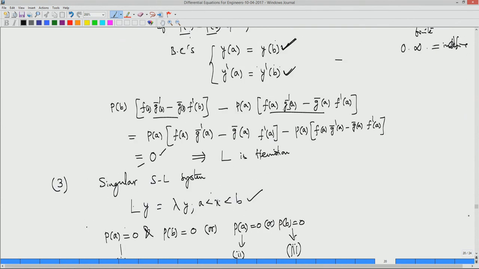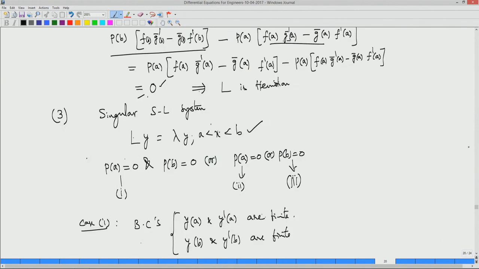If P of B is non-zero, then for this quantity to become 0, this is non-zero into f g bar at B, so either this or the derivative value at B has to be 0.